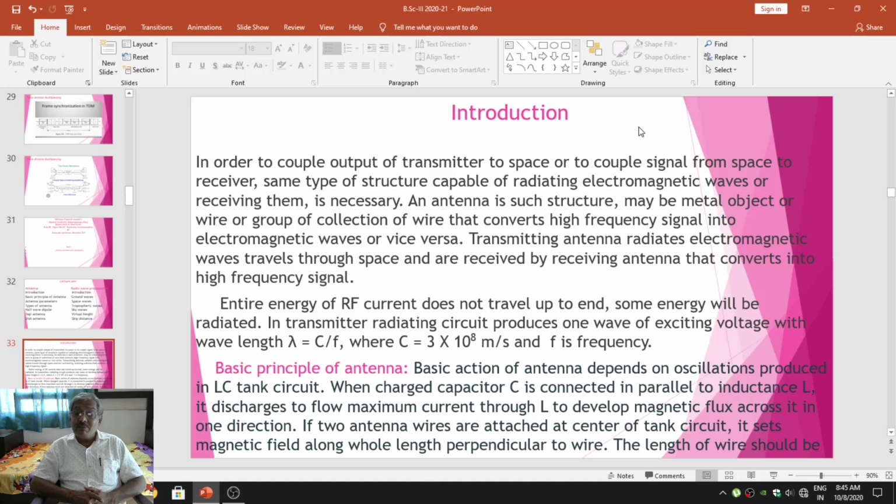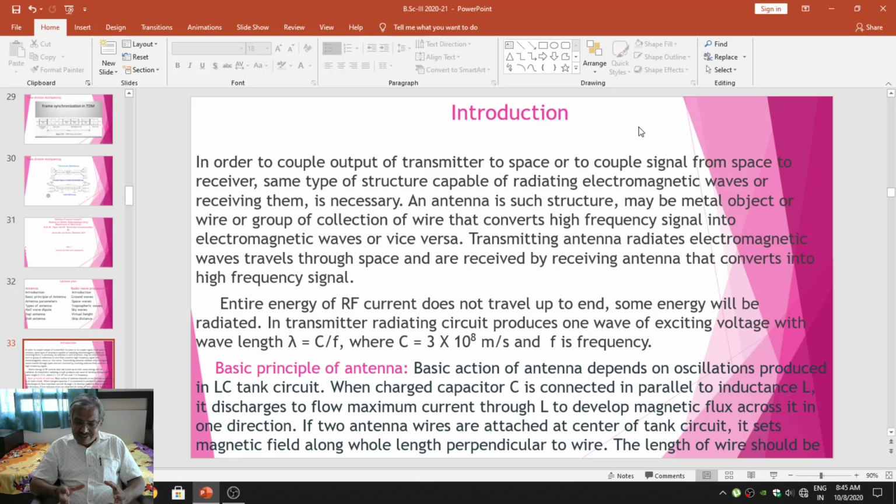Again, try to remember, the antenna is the same type of structure that can be used for the transmission purpose, and the same can be used for the receiving purpose.